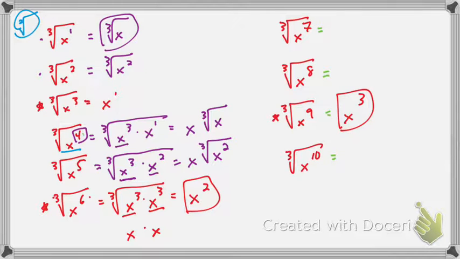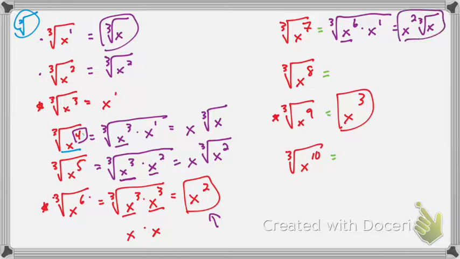All right, now I'm going to break this one down a little fancier. Since that's the third, and I know 7's right here, I can break this down to x to the 6th and x to the 1st, because I already know what the third root of x to the 6th is. It's right there. So the third root of x to the 6th is x squared, and then I have the third root of x left in there. So it looks a little bit weird.